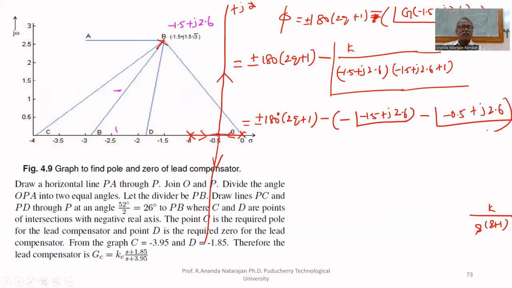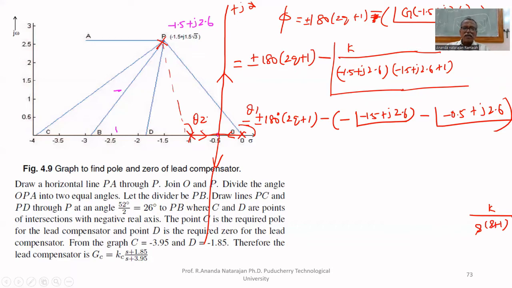These two angles we have to find. That's all. The simplest way: this is theta 1, this is theta 2. These two angles we have to find, theta 1, theta 2.